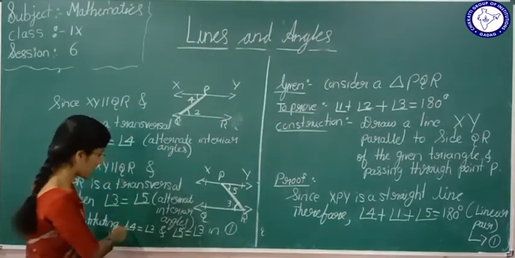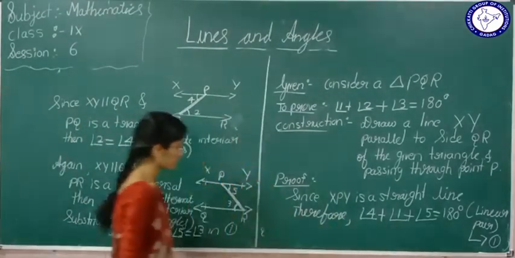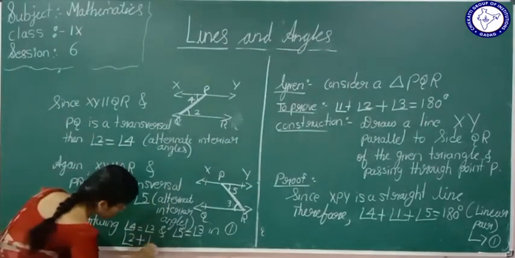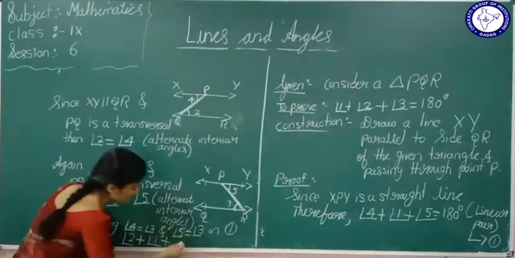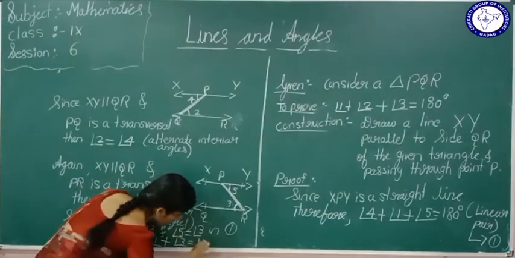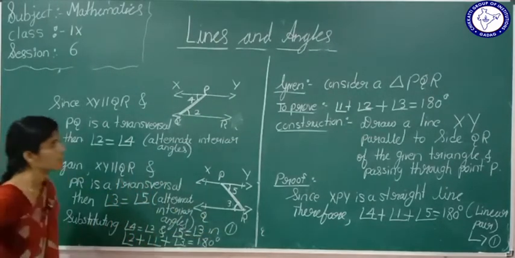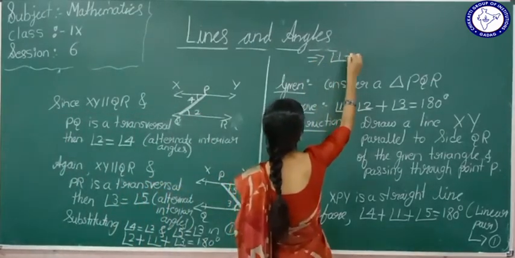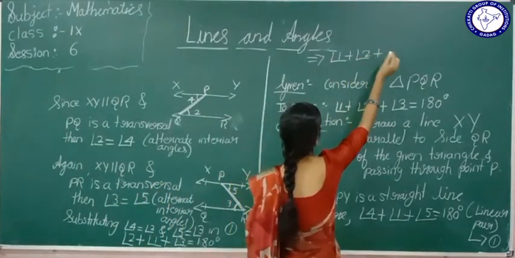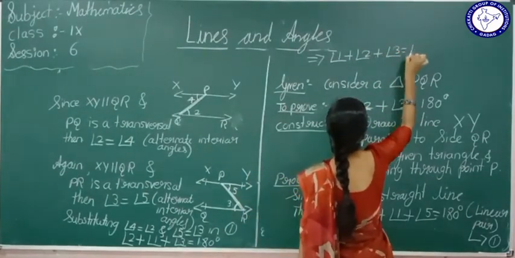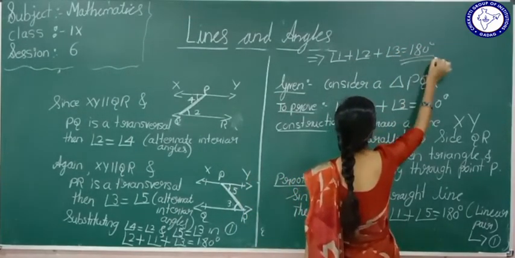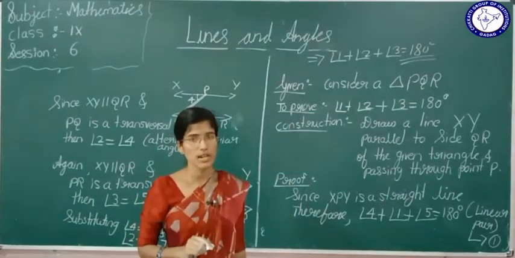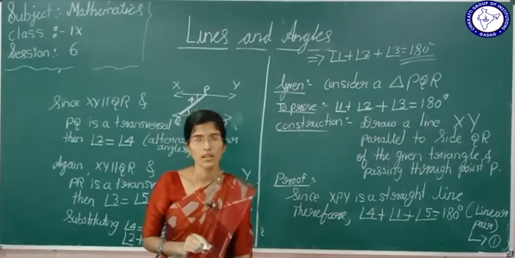Now where angle 4 is there, substitute angle 2. Angle 2 plus, in place of angle 1, angle 1, in place of angle 5, angle 3 is equal to 180 degree. So this implies angle 1 plus angle 2 plus angle 3 is equal to 180 degree.